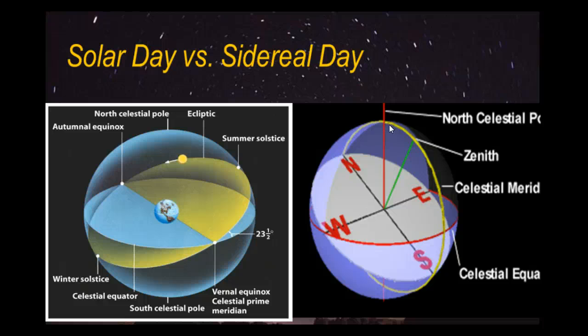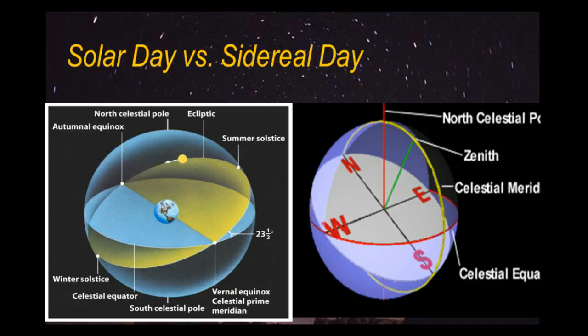However, the Earth must travel 1 degree further in its orbit, remember revolution, for the sun to appear to travel from the meridian back to the meridian where it started. So, in order for it to go from here all the way around and back to here, the Earth needs to move 1 degree further in its orbit. Write that down.